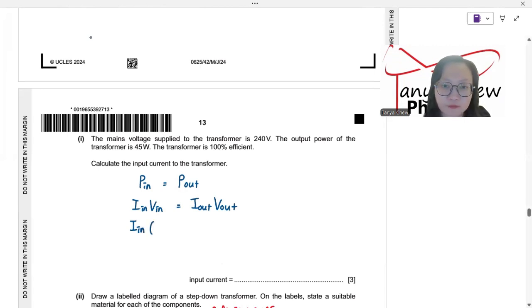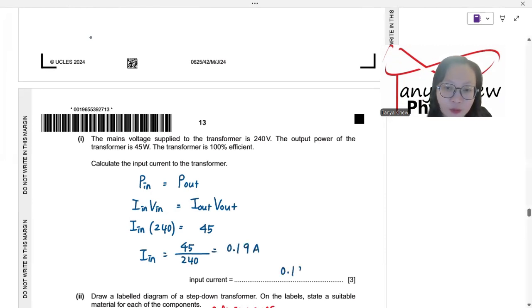So the input voltage is given as 240. And the output power is given, so I straight away put 45. Now, input current is equal to 45 divided by 240. The answer is 0.19 ampere. So 0.19 ampere is my answer.